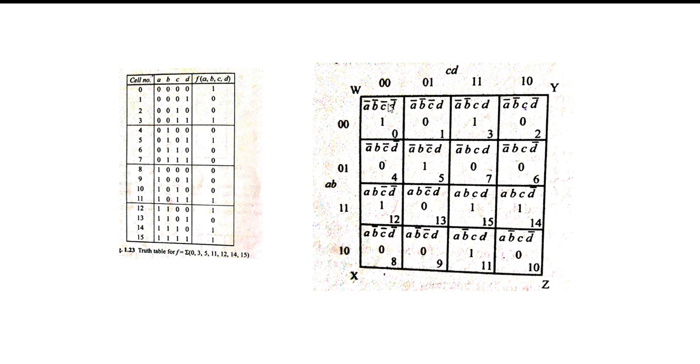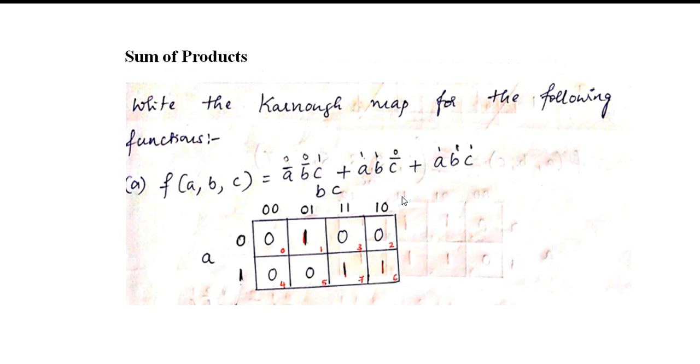The similar format you need to follow at the left portion: 0 0, 0 1, 1 1, 1 0. Understood? Okay. Next, you write the cell numbers for each cell. These cell numbers are written based on the input combinations. Next fill up the outputs within each cell. In this way, Karnaugh map is represented for 4 variable. I hope you understood, isn't it?